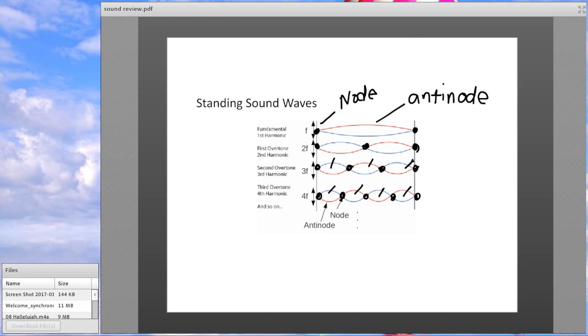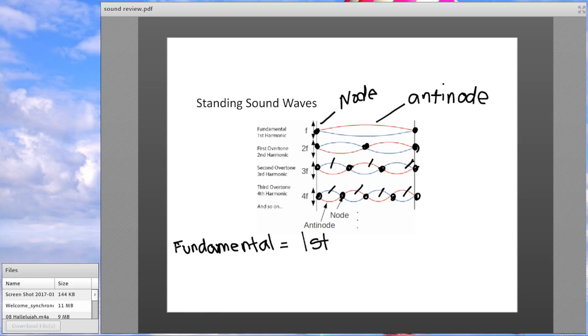Something else that's kind of important. The fundamental frequency is that first one, and that's known as the first harmonic.